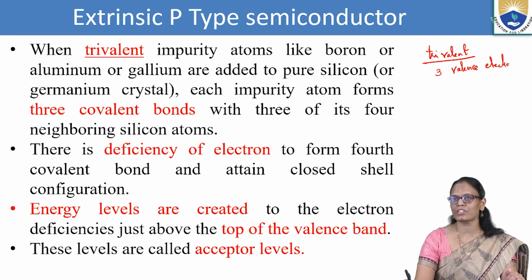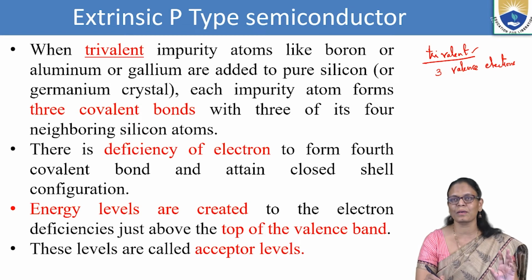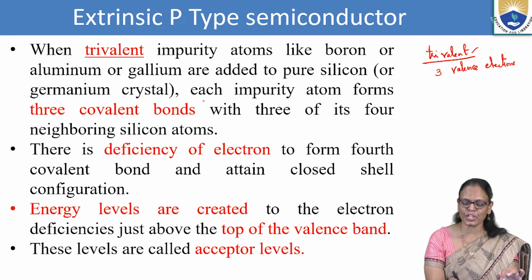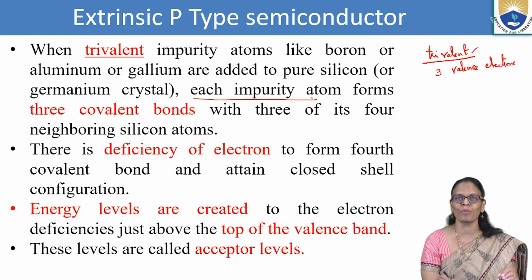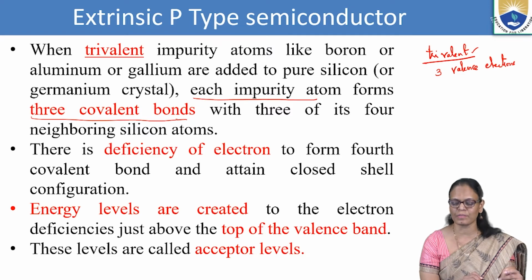We will be adding a trivalent impurity to a pure silicon, that is a pure semiconductor. Then what happens? Each impurity atom will form 3 covalent bonds with 3 of its neighboring atoms, because they have only 3 valence electrons.